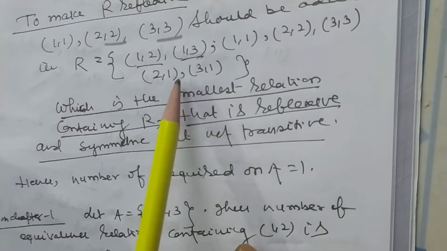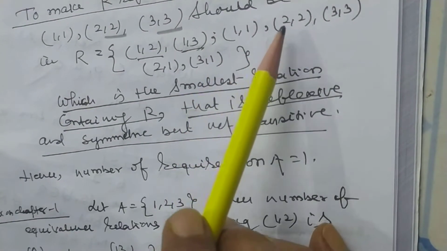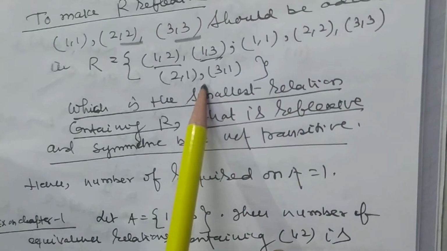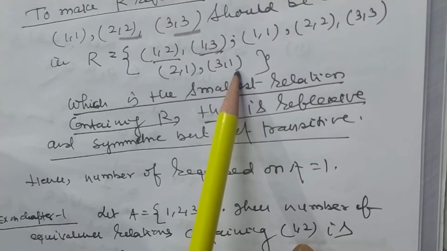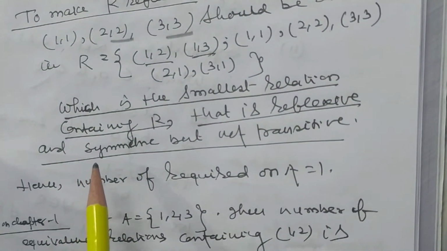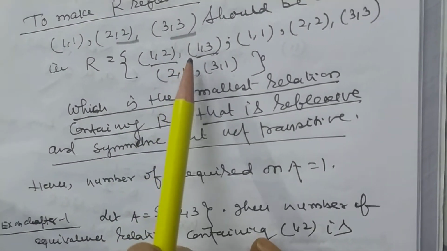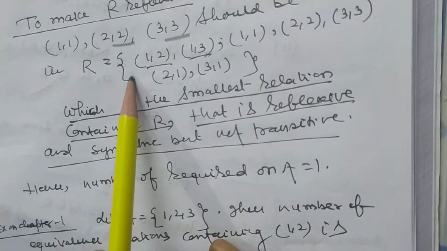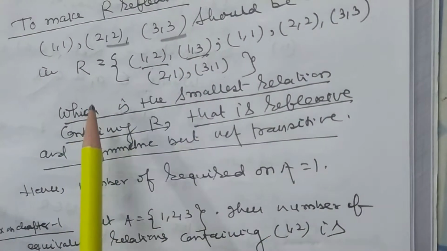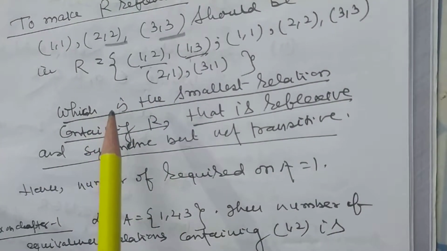Why is it not transitive? (2, 1), (3, 1). Now if you take (3, 3), (3, 1) is present. If you take (2, 2), (2, 1) is present. But if you take (1, 2) and (1, 3), suppose (1, 2) is here and (1, 3) is here.